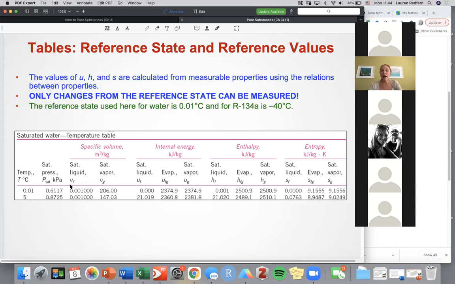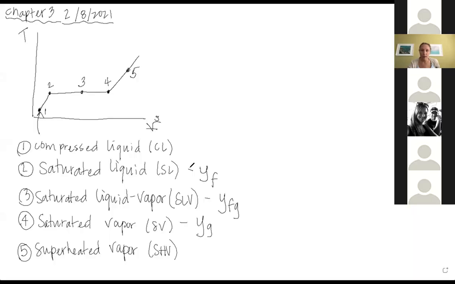We can look at the specific volume for a saturated liquid, the specific volume for a saturated vapor, the internal energy for a saturated liquid, the internal energy for a saturated vapor, or the internal energy for a liquid vapor region. So I'm going to come back to my whiteboard.